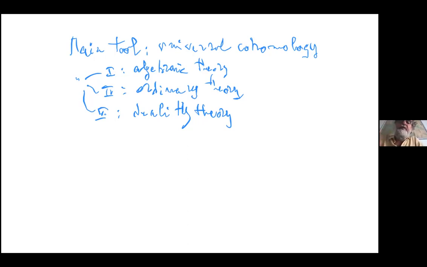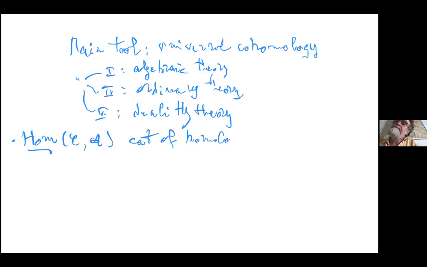So the object of everything is what I call Hom underline of C into A, which is the category of homologies on C. C is any small category, and with values in A, which, let's say, for us is always an abelian category.